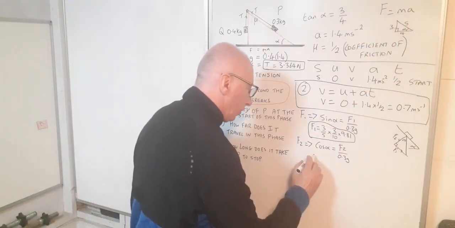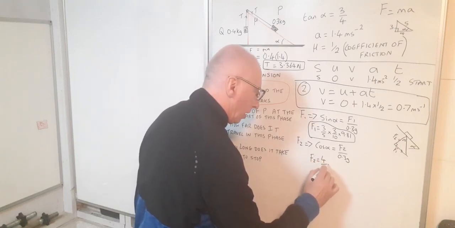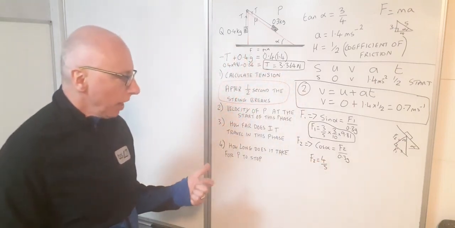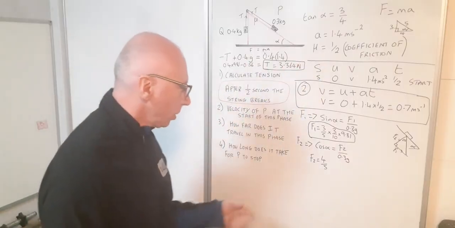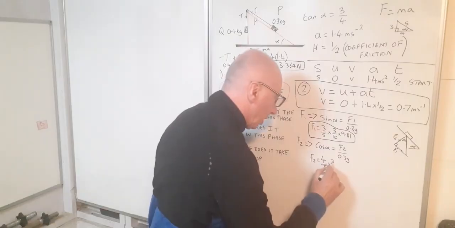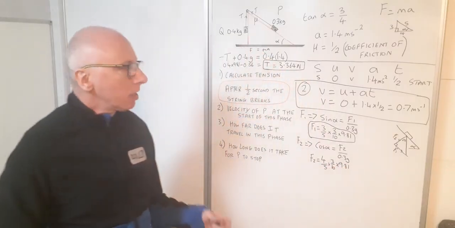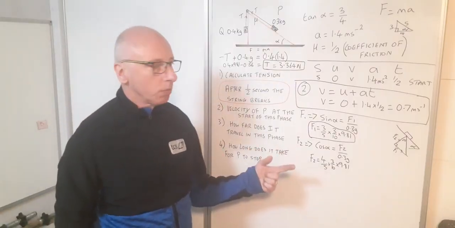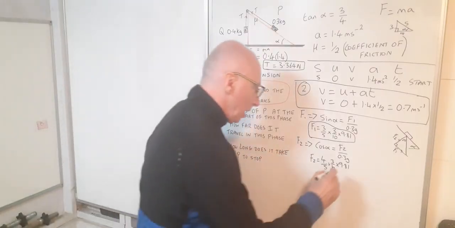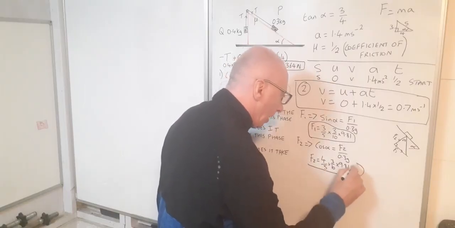So then we've got force 2 equals 4/5. Now there's another bit we need to throw in here, which is given by the coefficient of friction. So I've got 4/5 times 0.3 g, so times 3/10 times 9.81, and then we need to multiply that by the coefficient of friction, which will be acting on the normal force. So that'd be times 1/2. So that would be our F2.